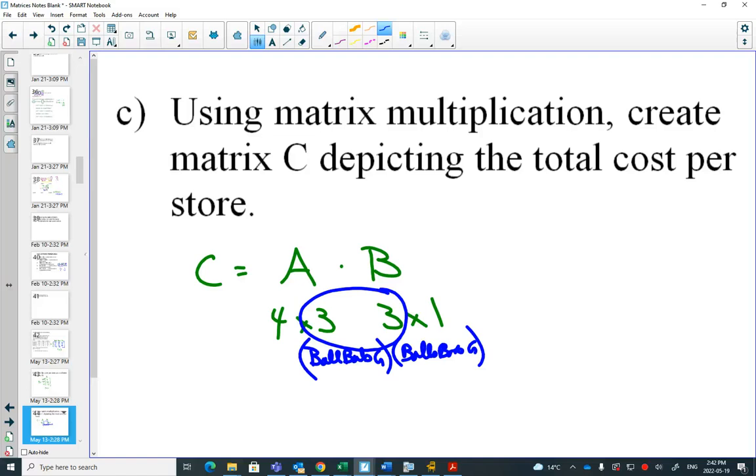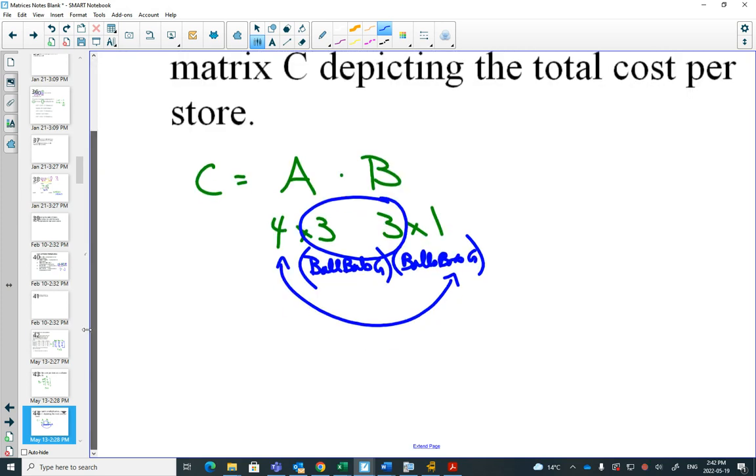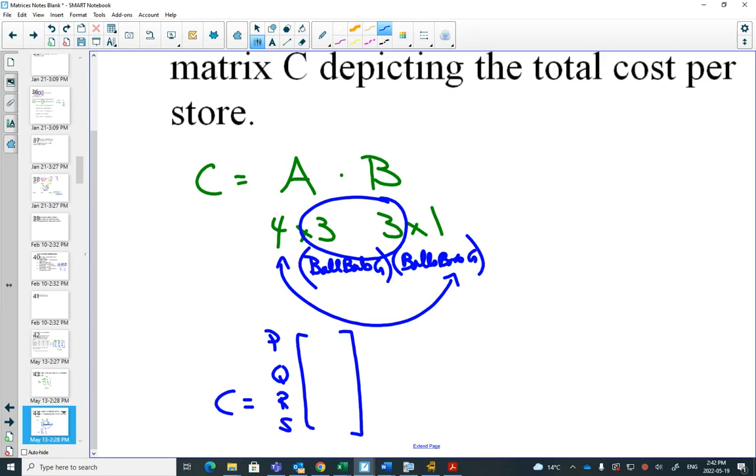So the 3 has to match up, and the answer matrix that we're going to get, C, is going to be a 4 by 1 matrix, 4 rows, 1 column. What did the 4 stand for? P, Q, R, S. Are you impressed that I remembered the order? And a dollar sign for the 1.